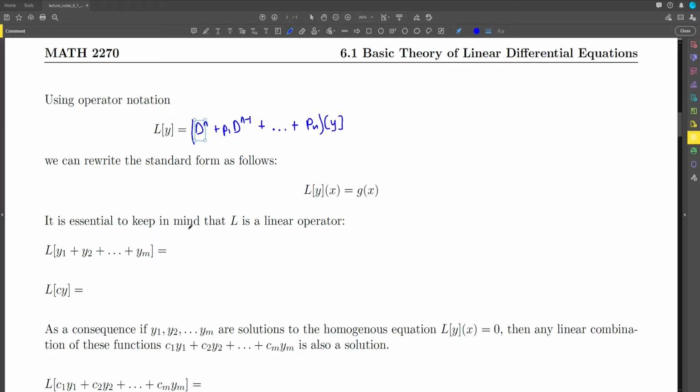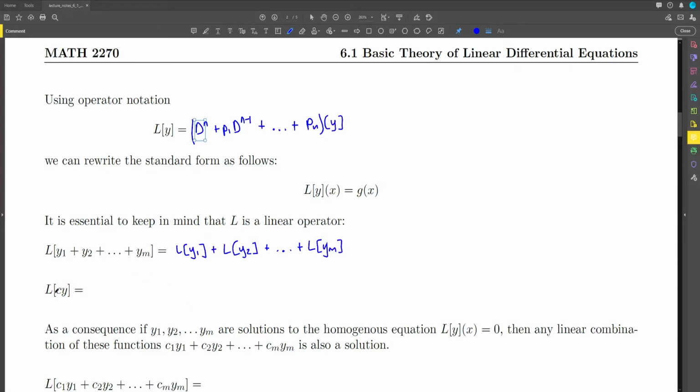It is essential to keep in mind that L is a linear operator. So when L acts on a sum, that's the sum of the operators. So this is L acting on y1 plus L acting on the function y2 plus dot dot dot plus L acting on y sub m.